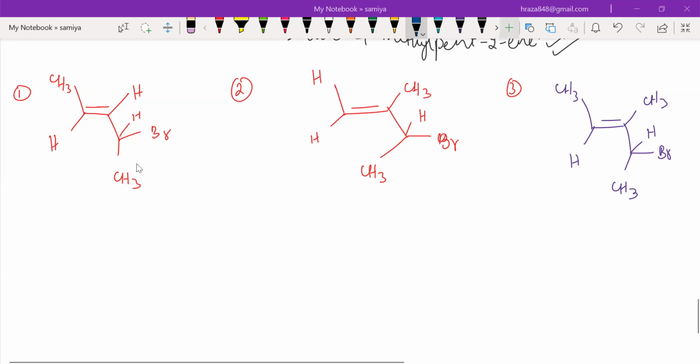That means you have done numbering from downward, 1, 2, 3, 4, 5 like this. Yes or no? Okay, take your time, but do it correctly.